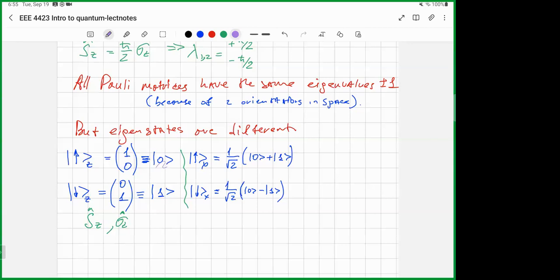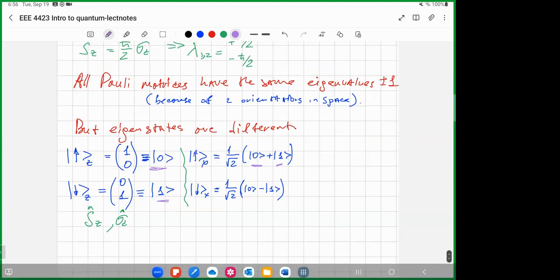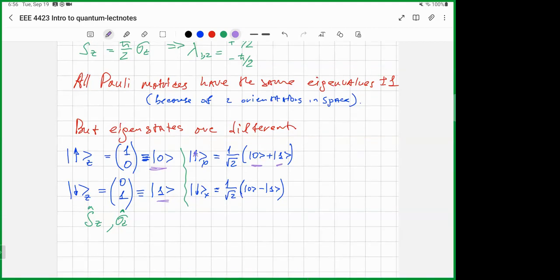We already discussed these states as an example of superposition. When you have state 0 and state 1, you can take the superposition of 0 and 1, and we denote them by state plus and state minus. But when we're talking about spin, it's better to denote them by up and down. When it's up, it's the composition 0 plus 1, and when it's down, it's 0 minus state 1.